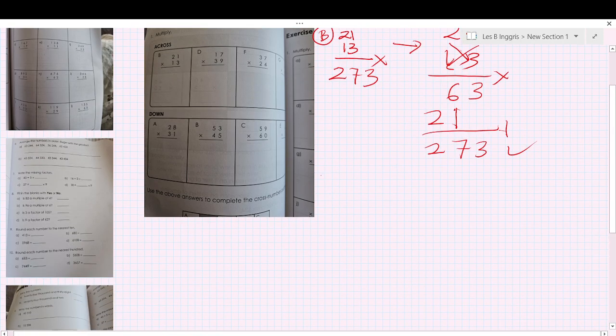Okay, carry on to D. 17 times 39. Any difficulties? Yeah, I'm trying. Okay.